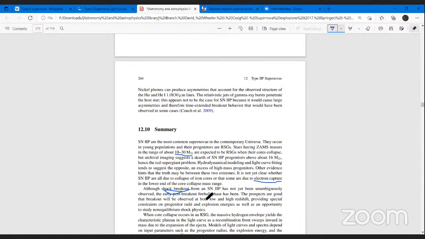The fireball phase means, from the main sequence till the supernova, that particular star actually is in the fireball phase. So the prospects are good that breakout will be observed at both low and high redshift, providing constraints on progenitor radii and explosion energies, as well as an opportunity to study non-equilibrium shock physics.